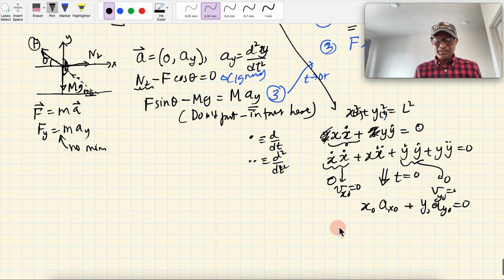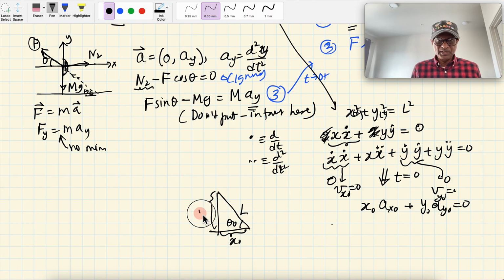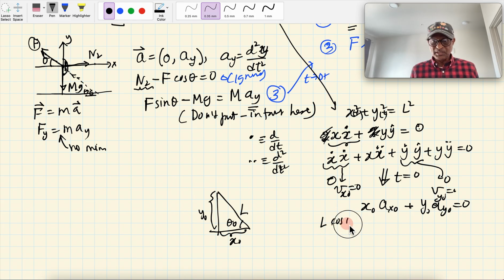So this relationship. This is L, this is theta 0 at 0, this x0, this y0. You can clearly write down x0 is L cosine theta 0 and y0 is L sine theta 0, and the L cancels out.